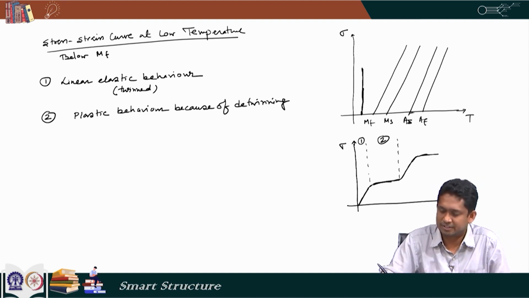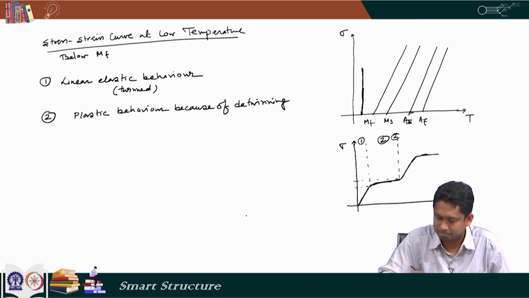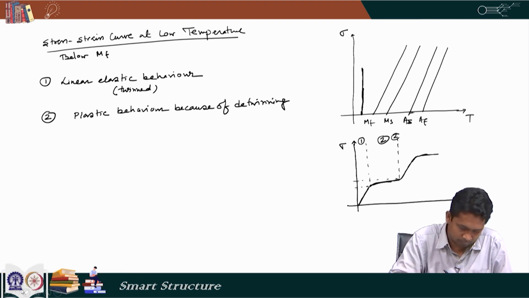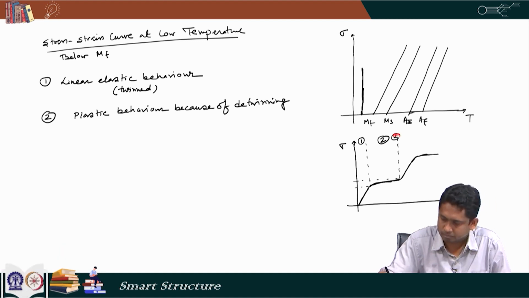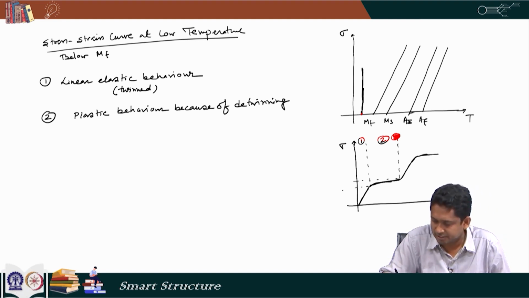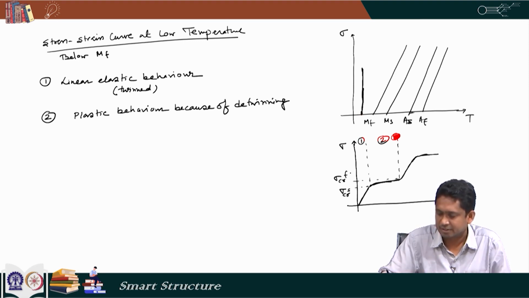The twinned martensite starts detwinning here and the detwinning finishes here. So, we can see that this is sigma critical start, this is sigma critical finish. This is the stress at which detwinning starts, this is the stress at which detwinning ends.